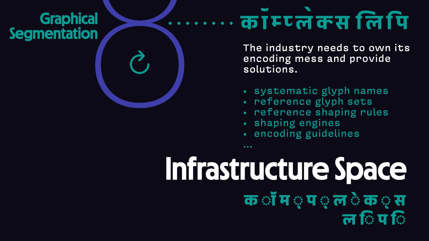But we're not doing another Unicode here, right? So we don't need to stick to a single system of glyph naming and glyph sets and glyph identities. Glyph names need to be publicly registered and namespaced, so we can still exchange. It's kind of like those legacy encoding solutions.